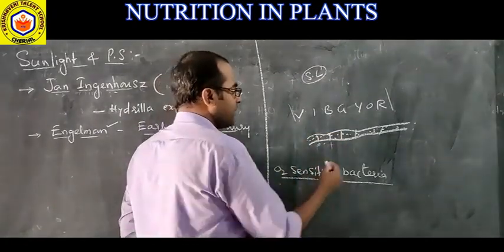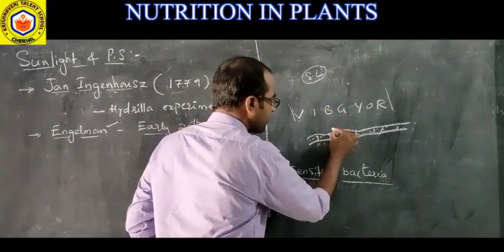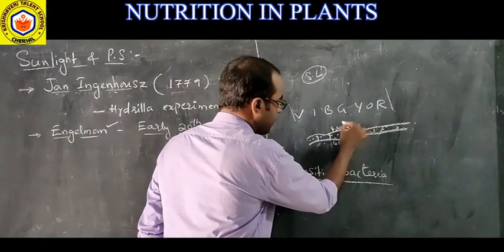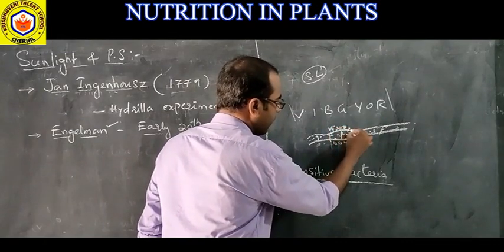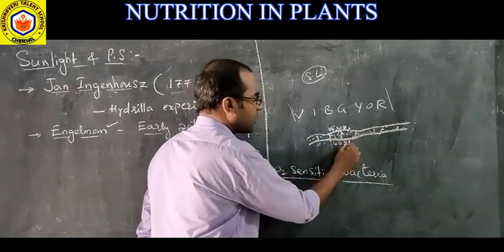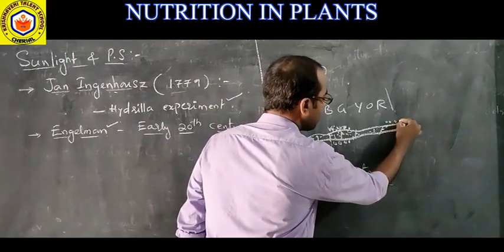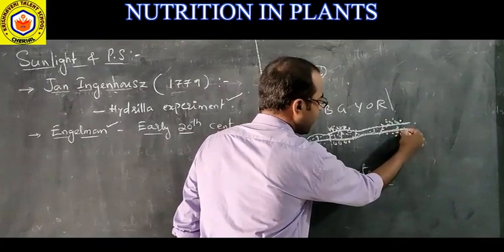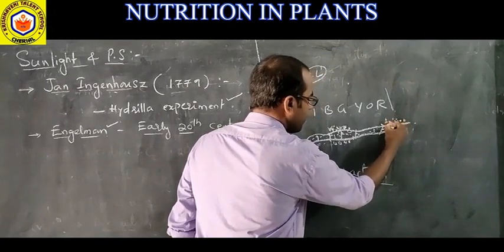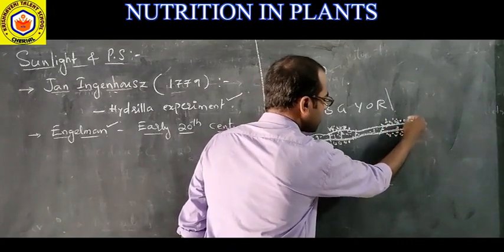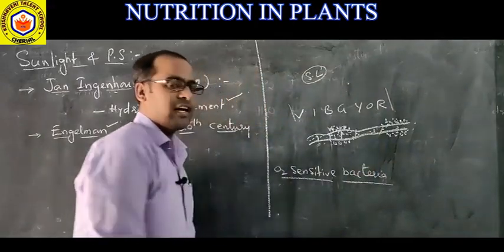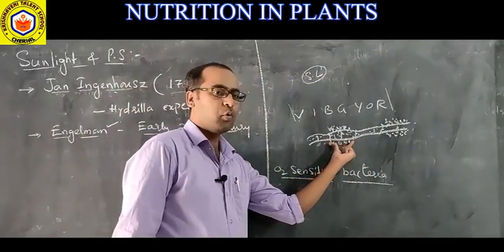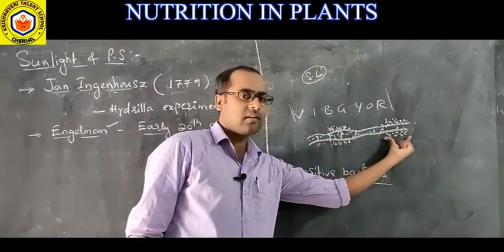all these oxygen sensitive bacteria gathered near the blue colored light, and they also gathered near the red colored light. With this we can confirm that the rate of photosynthesis is more near blue colored light and near red colored light.